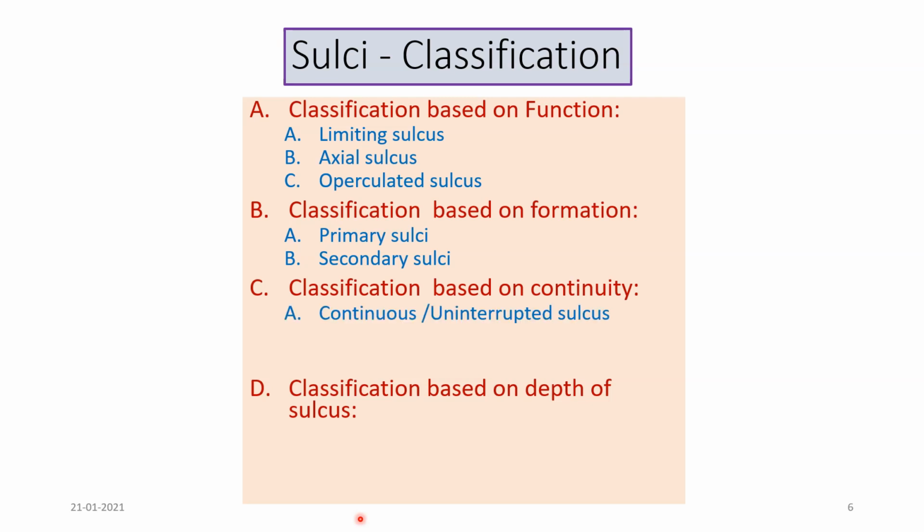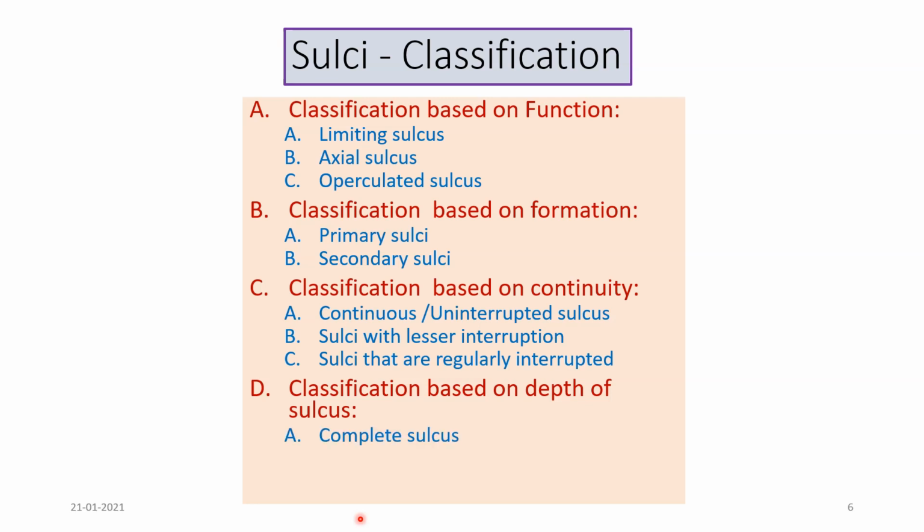Under the classification based on continuity, they can be classified into continuous or uninterrupted sulcus, a sulcus with lesser interruption, and a sulcus that is regularly interrupted. Regarding the classification based on depth, they can be divided into a complete sulcus and an incomplete sulcus.